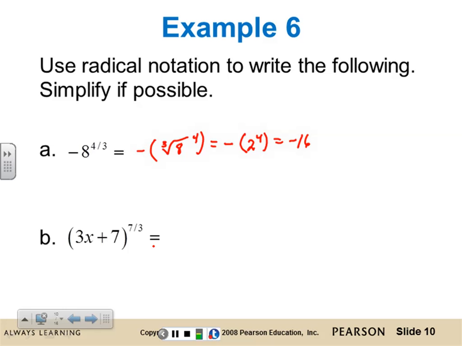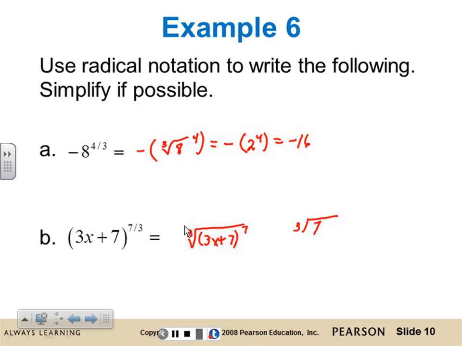And then for letter B, our base is a binomial. So you have to be able to look at it that way. Our base is a binomial. So our radicand is going to be this binomial. Our index is 3, so we're cubing it, and it's raised to the 7th power. So what you're going to do here is you can't pick these apart, so you're going to do 3 will go into 7.